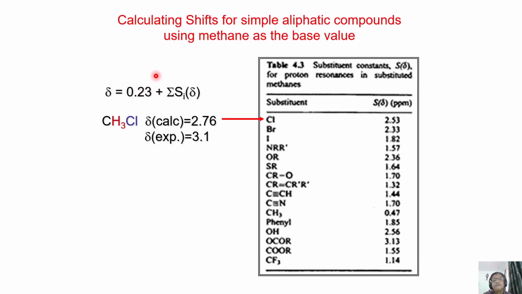Remember I told you, it is the chemical shift of methane. Now you have to add the value for the substitution. If there is a chlorine, it is 2.53. Base value is 0.23 plus 2.53. If you add, it turns out to be 2.76. But what is experimentally observed is 3.1 ppm.